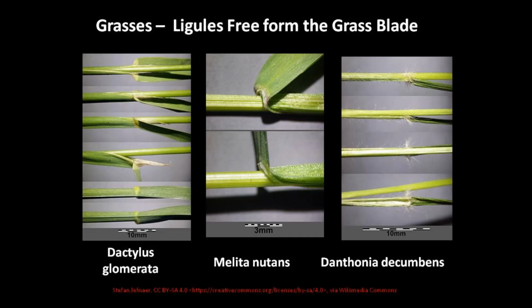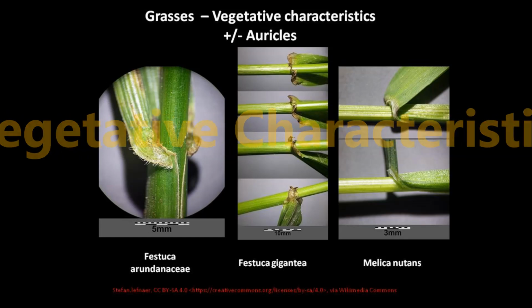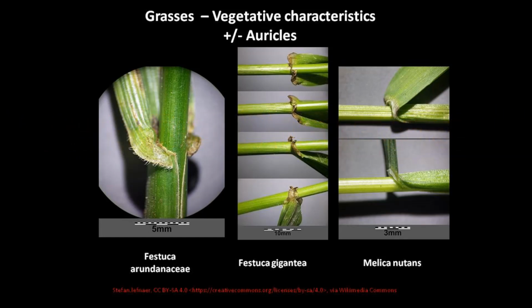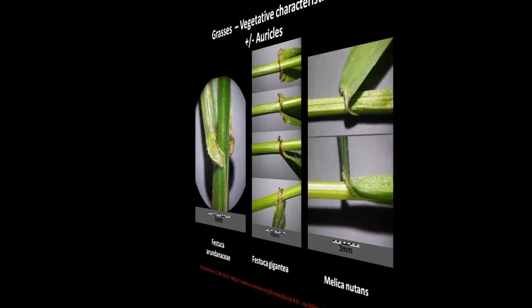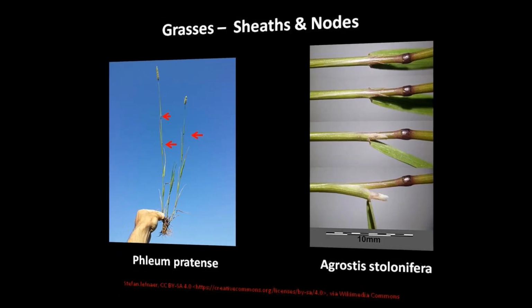Other vegetative indicators include the presence of auricles or ears, which are the inflated leaf blade which is embracing the stem. They can be hairy, they can overlap, or they can be absent. Other identification points include nodes, their presence, absence, intervals, colour, etc. A node being where the leaf sheath gives rise to a leaf blade.